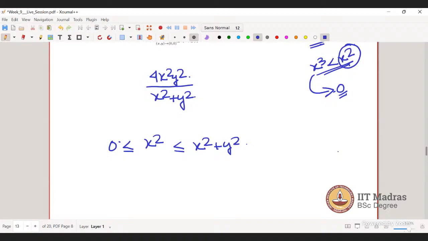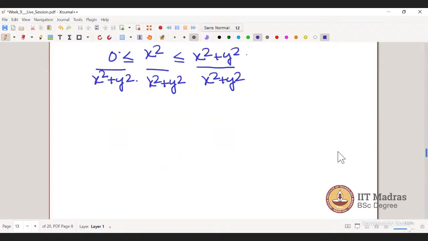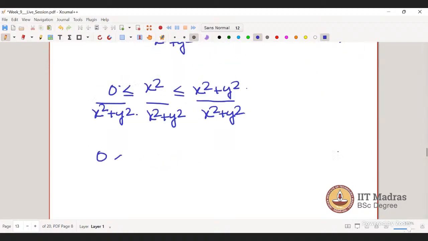Now if I divide by x square plus y square, which is also positive, obviously you will get the same inequality. So this is less than 1, and greater than or equal to 0.